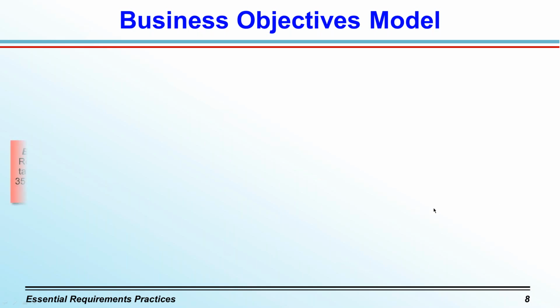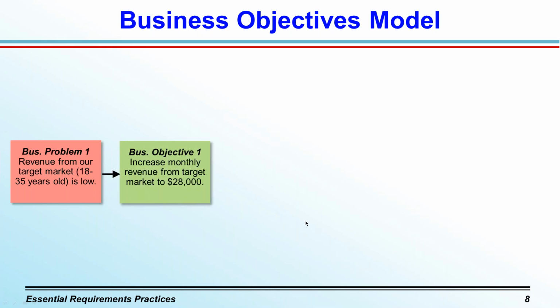Here's our first business problem, which is that we're not getting enough revenue from a particular target market. Although exactly how the restaurant knows how old their customers are isn't totally clear to me, but okay, I can see how you might be aiming your products at a certain market demographic, and maybe you're not getting as much revenue from that as you'd like. And so that leads to an objective that we'd like to achieve.